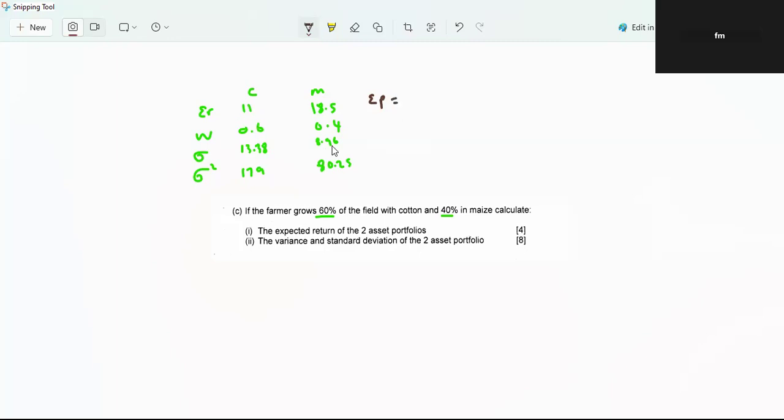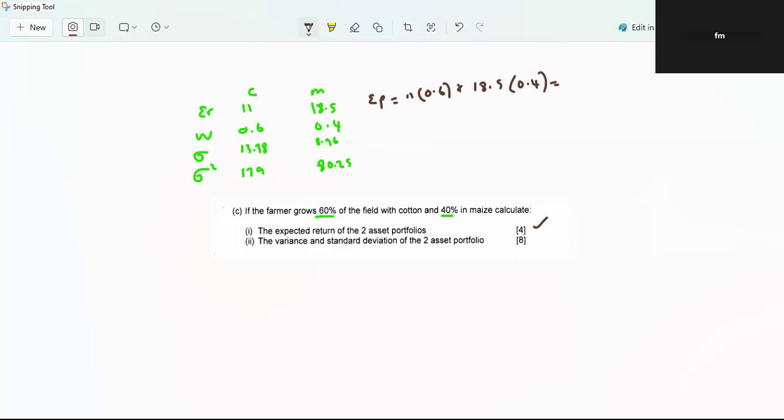So 11%, what was the weight? 60% was in cotton. And maize's expected return was what? 18.5%. What was the weight? 40%, so 0.4. This portfolio expected return carries 4 marks when you calculate it.